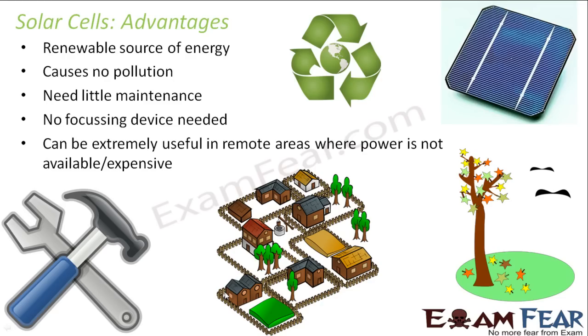And that too, not 24/7. Whenever the sun is there, the solar cell can convert the solar energy into electrical energy. Then the electrical energy stored in the solar cell can be used to supply power to those remote areas even on a rainy day, right? So solar cells can be extremely useful in areas where power is not available or is very expensive.